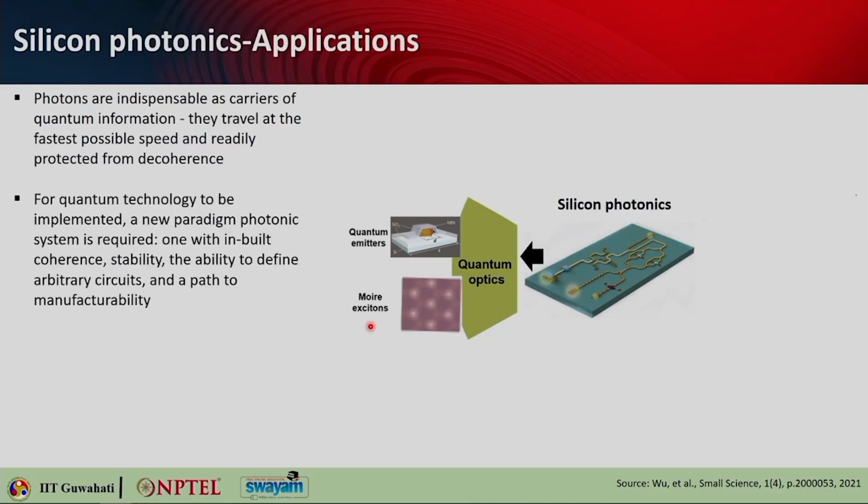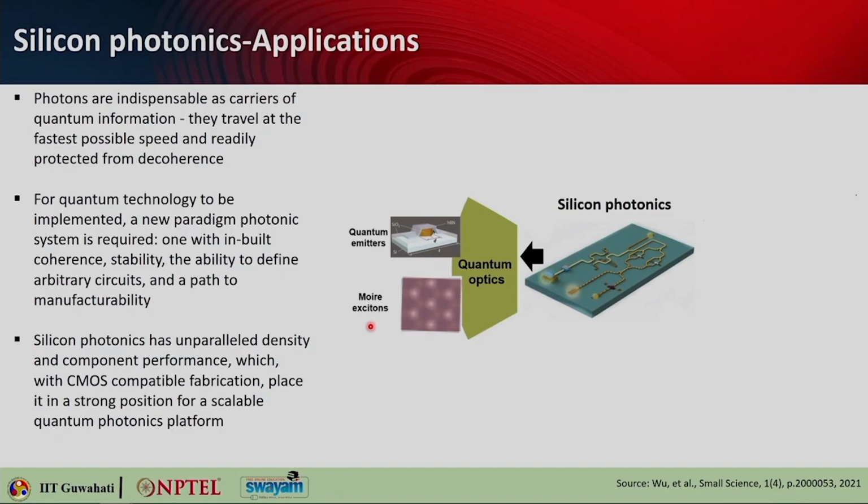For quantum technology to be implemented, a new paradigm of photonic system is required, one built with coherence, stability, the ability to define arbitrary circuits and a path towards manufacturability. So silicon photonics has unparalleled density and component performance that we have already seen, which with the CMOS compatible fabrication setup places it in a very strong position for a scalable quantum photonics platform.